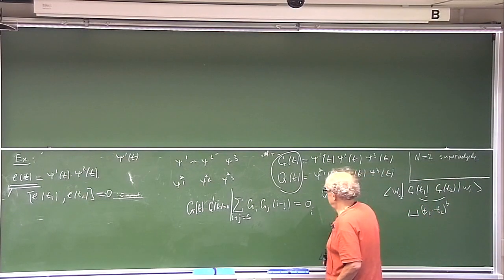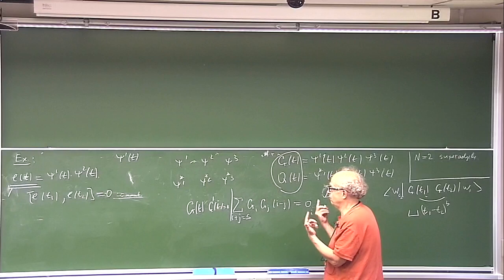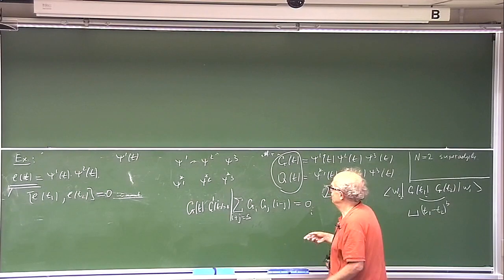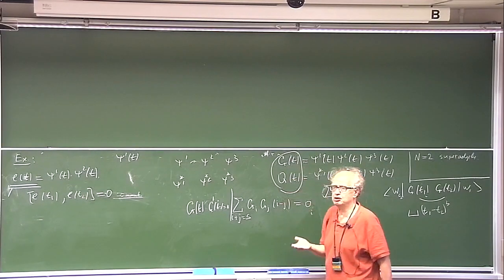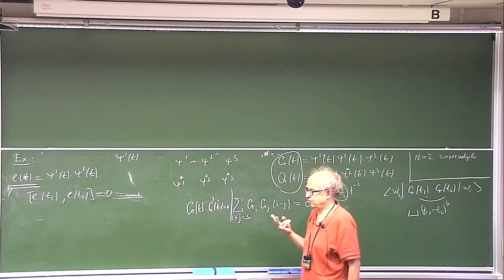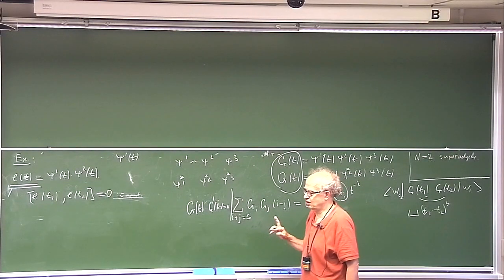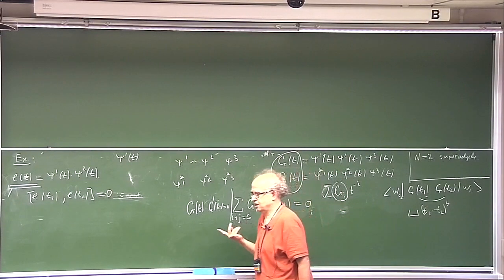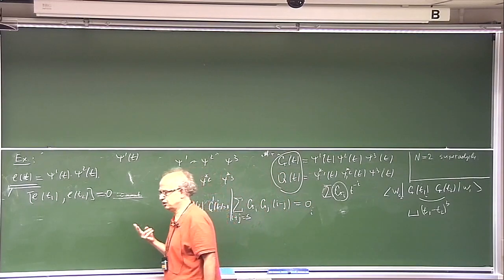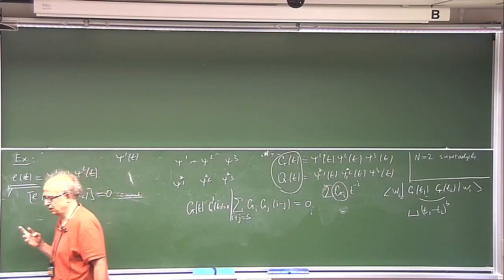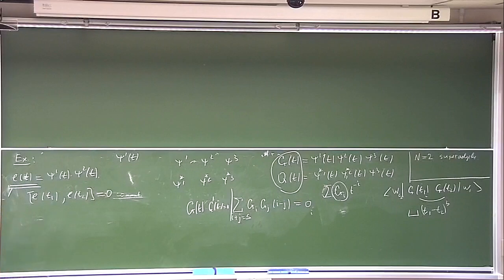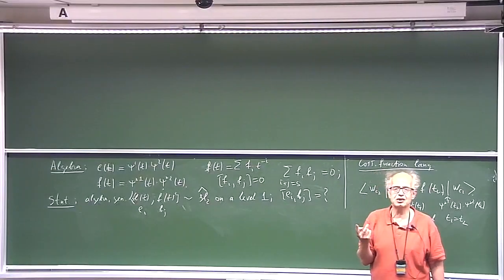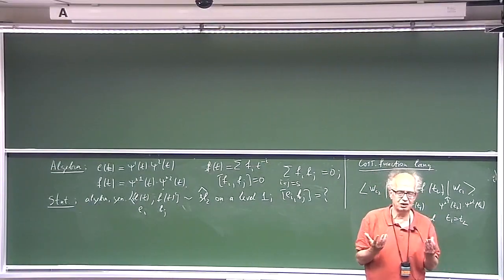Yes, if you want to find what this is, you have G is this, Q is this. Next calculation, just take G and Q and calculate the bracket of components, and find what this is.